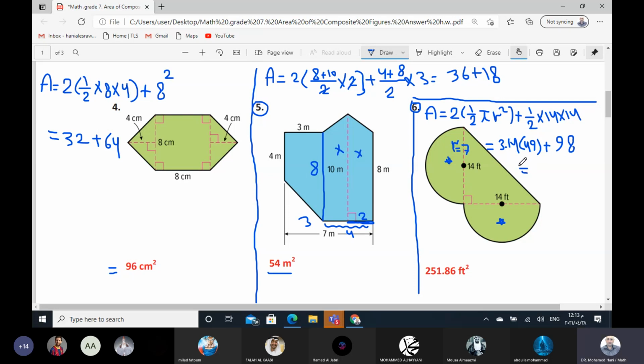Now we want to multiply 3.14 times 49. The answer will be 153.86, plus 98. Now 153.86 plus 98 will be 251.86.